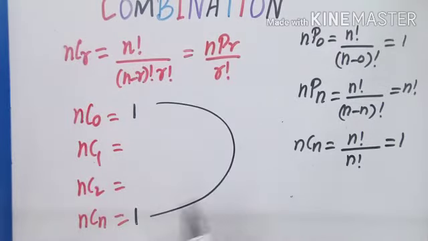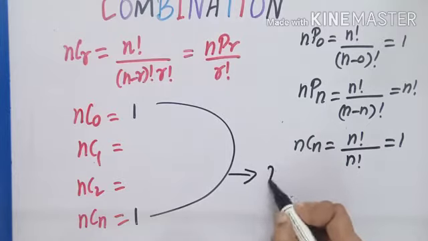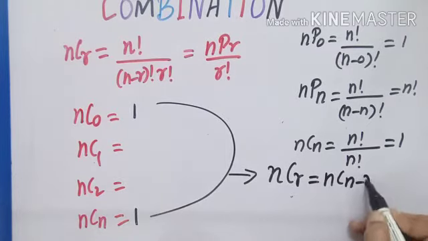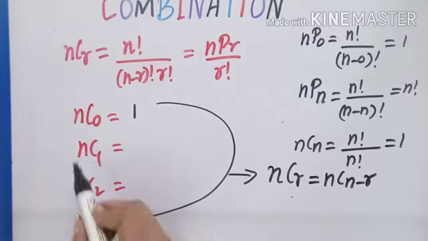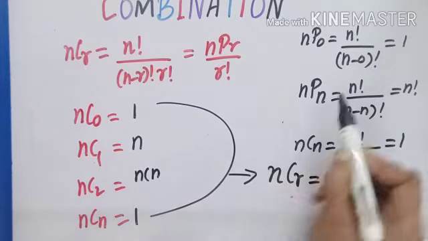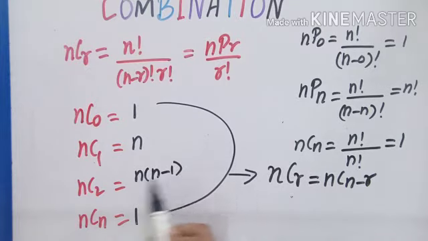From these two, I derive an important property. NCR equals NC(N minus R). What is NC1? It is N. NC2: if it is NP2, I write N and N minus 1. NC2 is that divided by 1 into 2. Like this I can extend for any problem.